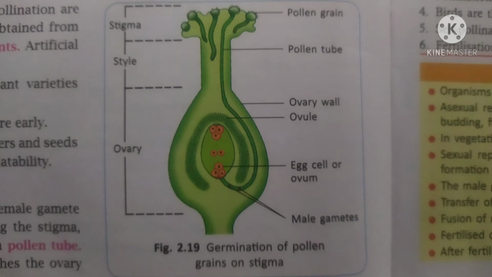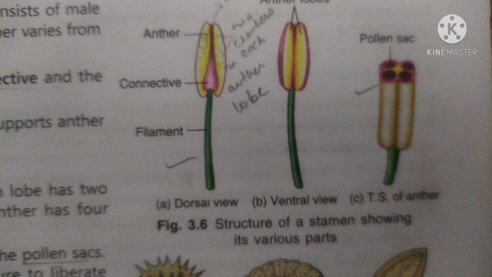Now let us revise the male reproductive part of the flower, known as androecium or stamen. You know, my dear students, that a stamen has two parts.